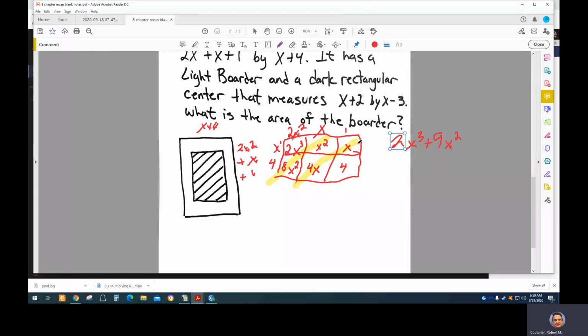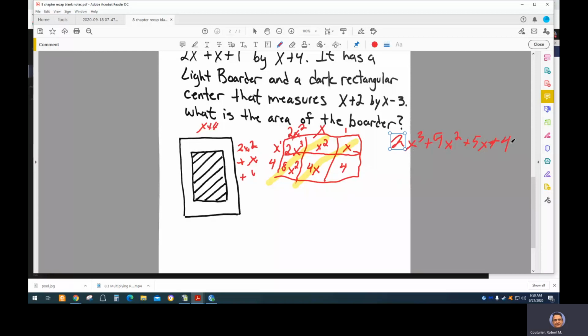We have a 4x and a 1x, so 4 plus 1 is 5, so there are 5 total x's there. And then the lonely 4 comes on over. So this is the area of the total rug. The total rug's area is 2x to the third power plus 9x squared plus 5x plus 4.